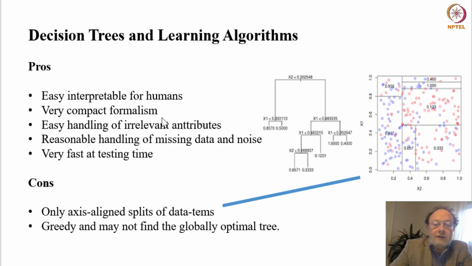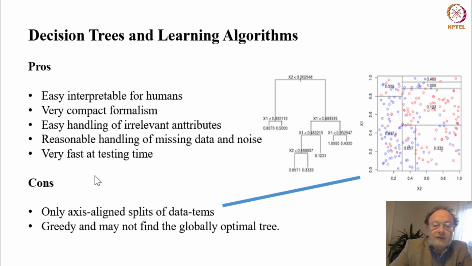It's also very natural to handle irrelevant attributes. You will see that when we go into the algorithm, that one of the key things is to handle the choice of attributes. Also, there are reasonable ways of handling missing data and other kinds of noise. And these algorithms are also very fast at testing time.